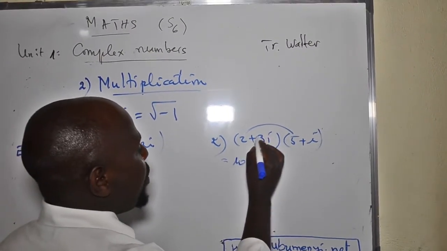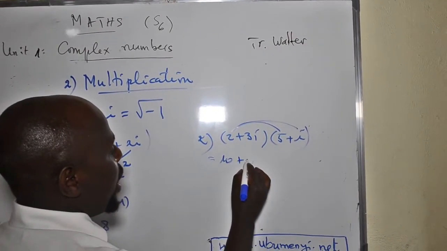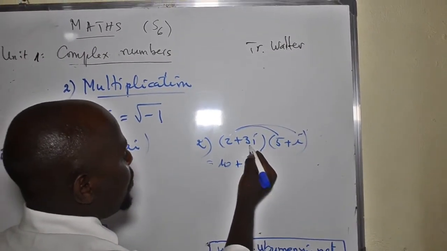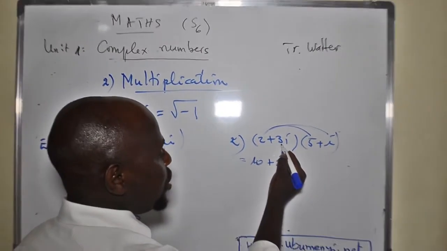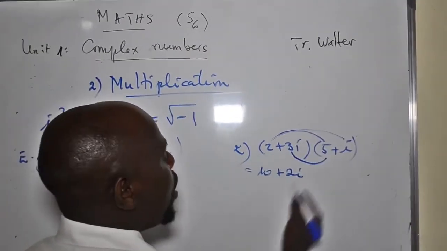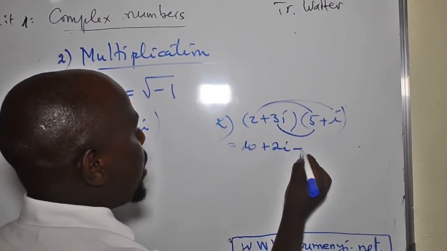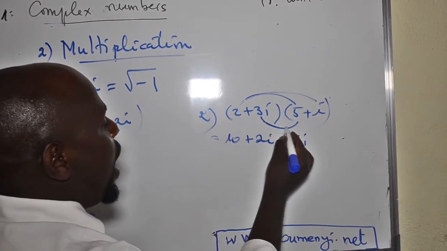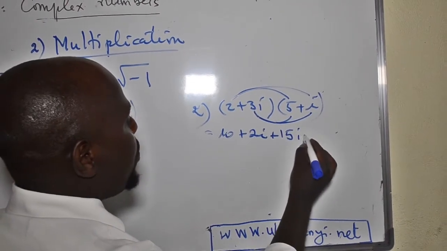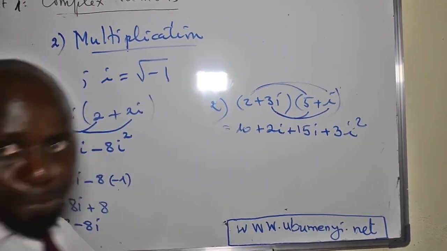And then we have 2 again times i, we shall get here plus 2i. So, 2 is over, we again now have to distribute 3i over 5. It is now 3i times 5, we get plus 15i. So we have also 3i times i, which will give us plus 3i squared.